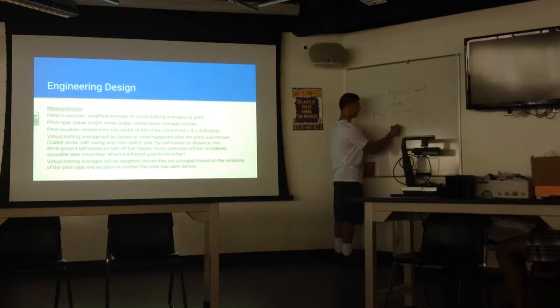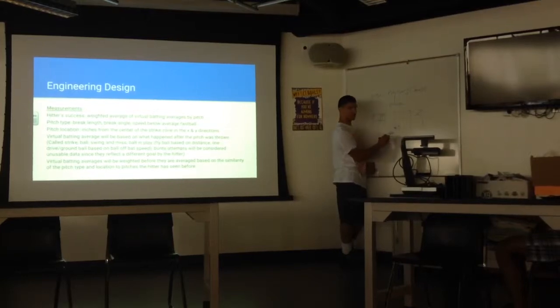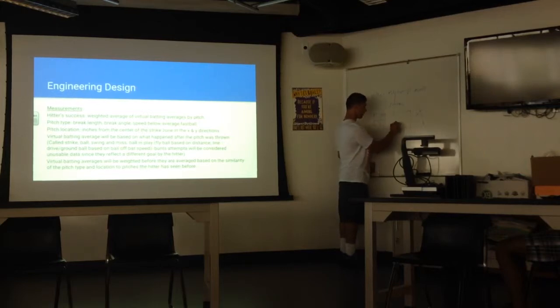And the borderline pitches will just be used as additional data points, and they'll be given a low factor. So it takes the average of all of these, and how well the hitter hit them, based on the ball data, and gives us a color. Then, once each of these little pixels has a color, it'll be something like this.